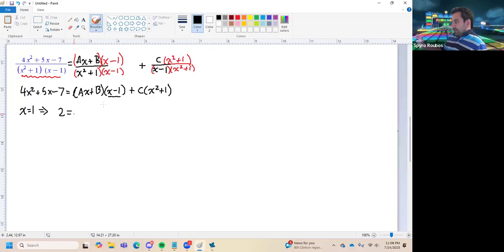And on the right, we're going to get, well, 0, who cares, plus c times 1 plus 1 is 2. So 2c is 2. C is 1.